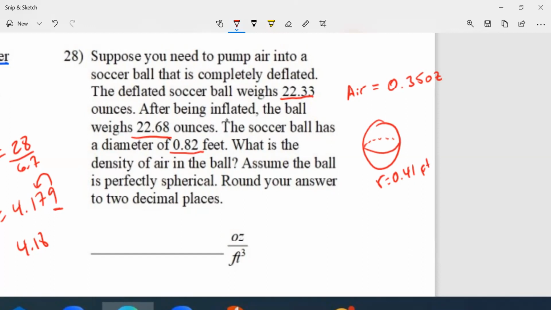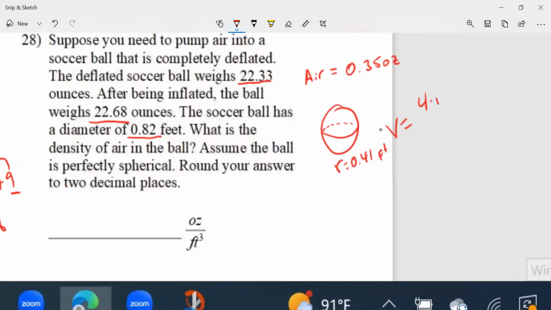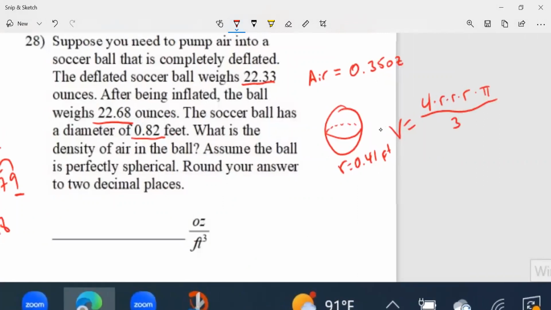Okay, I need to know the volume of this sphere. But I remember I gave you guys the formula for the volume of a sphere. I even derived it in the previous lesson. Remember, 4 times radius cubed times pi over 3. So let me remind you, the volume of a sphere was 4 times radius cubed times pi, and I'm using 3.14 for pi, divided by 3.